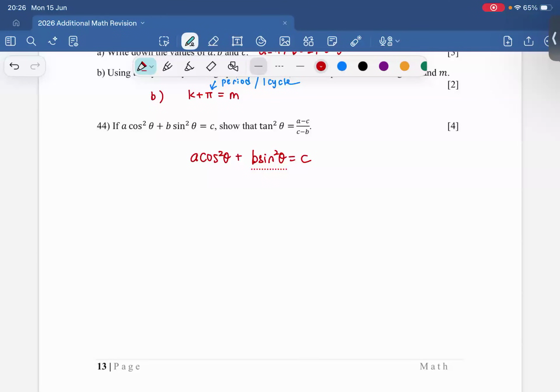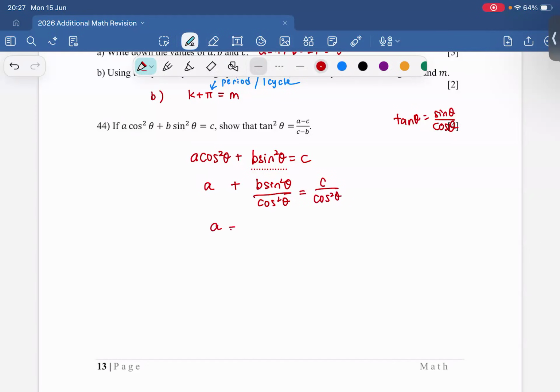Actually, I don't want to start from here. Okay, never mind, I start from here. So how do I make tangent square appear? I know that tangent theta is actually equal to sine theta over cos theta. So I will divide everything by cosine square theta. I divide this by cosine square theta, I divide this by cosine square theta, and I also divide this with cosine square theta.